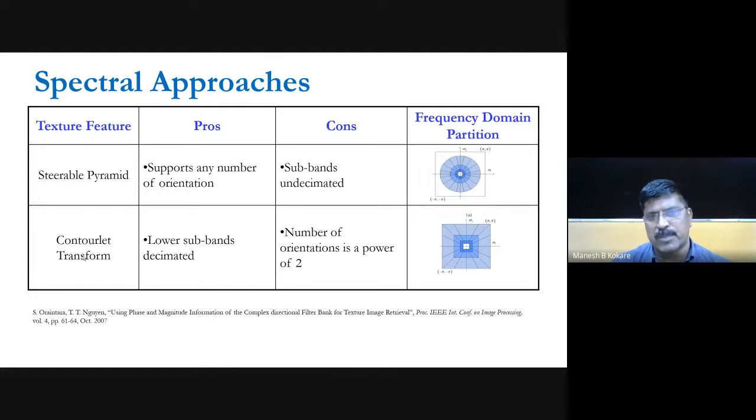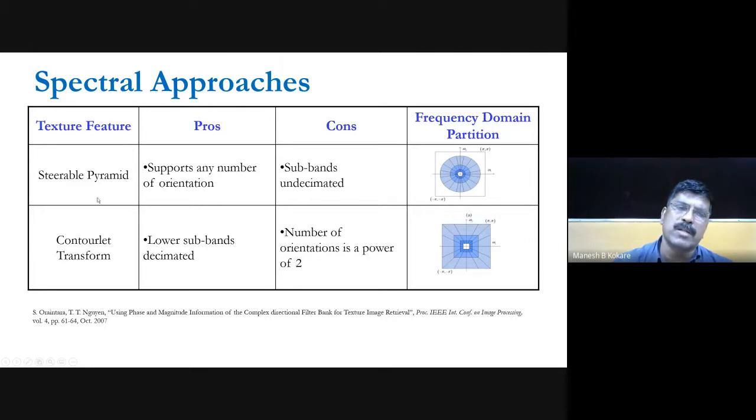That is nothing but the spectral approach. Here I have given you a contourlet transform example. Pro is that the lower subband is decimated. Cons are that the number of orientations is a power of 2. So that is a con, and from those we can extract the textural features.